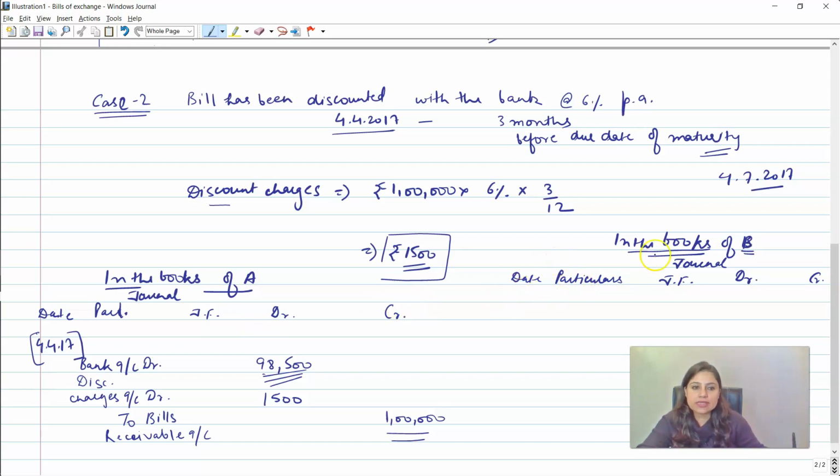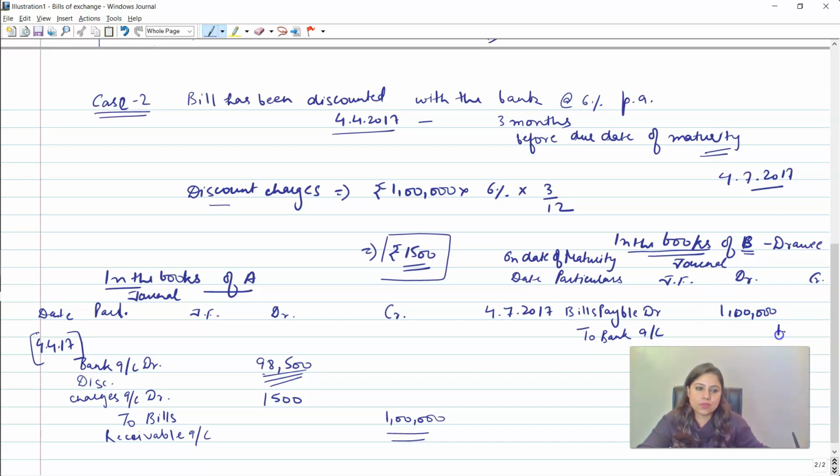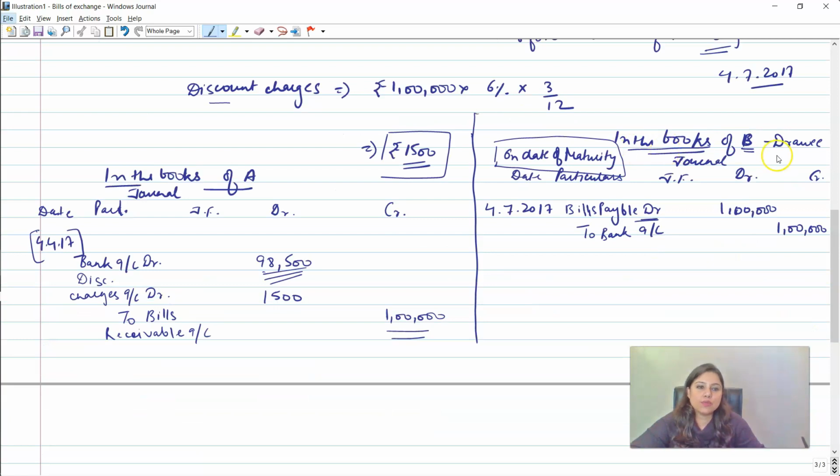On the date of maturity only, the entry would be passed in the books of B, that is in the books of drawee, and such entry would be on 4th of July 2017: bills payable account would be debited to bank account, and that would be 1 lakh. So that's in the books of the drawee.